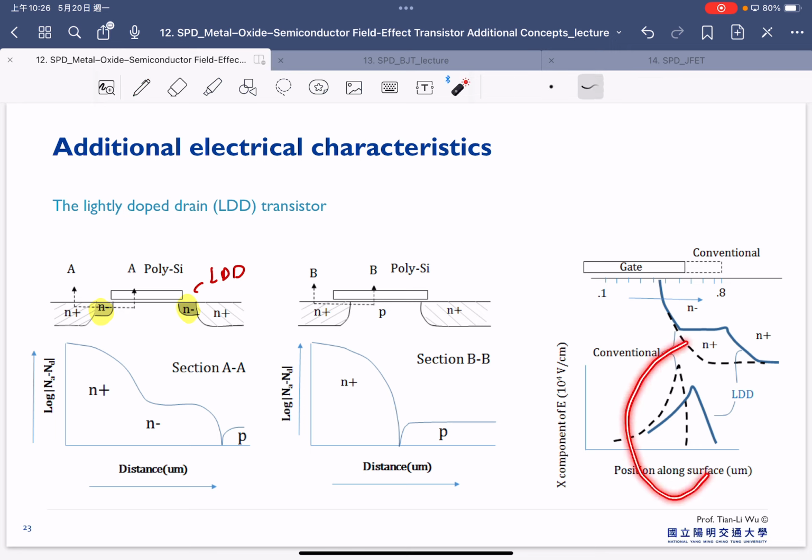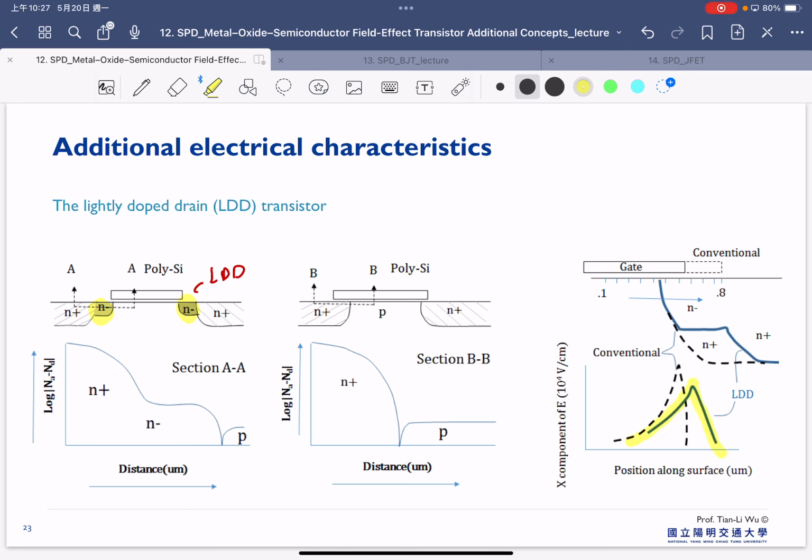Just one more comment: usually we plot the electric field versus the position along the surface, with x as the coordinate. You can see this is the electric field, and this is the conventional case, where we have a high electric field here. If we consider the LDD, then we can see a low electric field in the drain side.